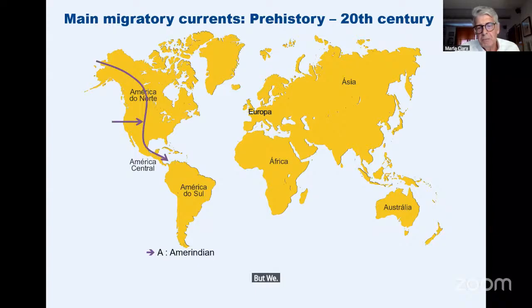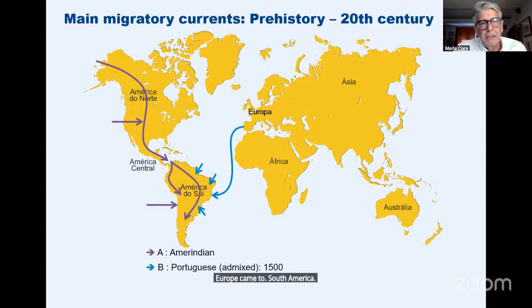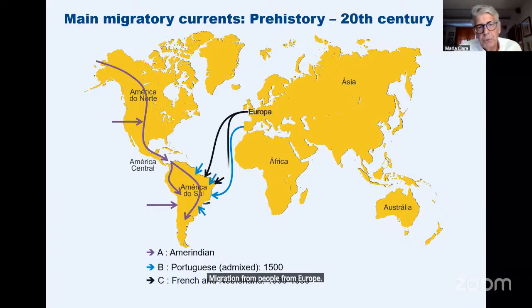we had a different movement after Europe came to South America, and onto the Amerindians who were already in South America. We had migration of people from Europe: first the Portuguese when navigation started, and then the French and the Dutch, Holland people, who came to make cities in Brazil.